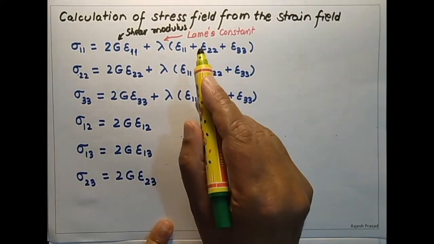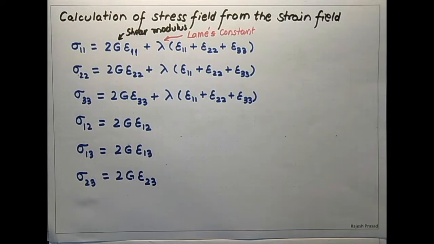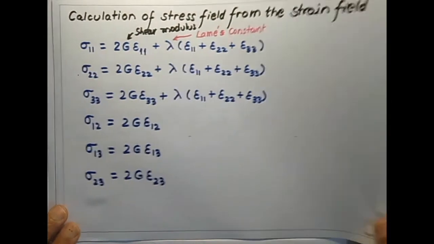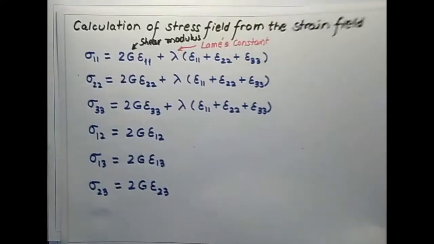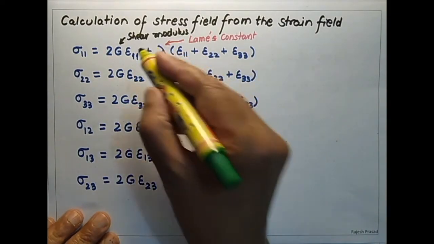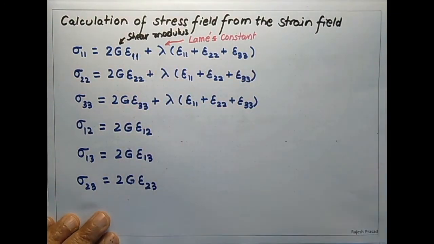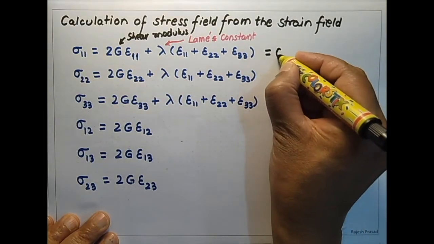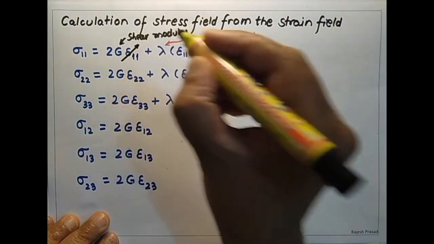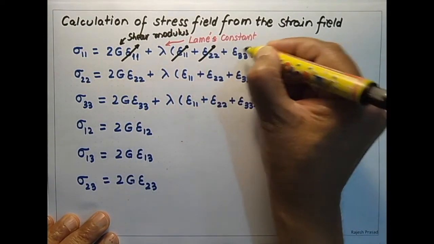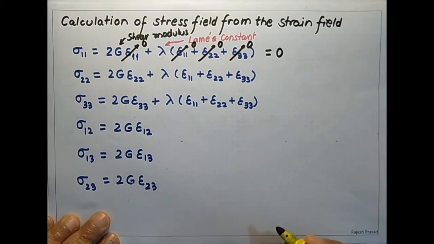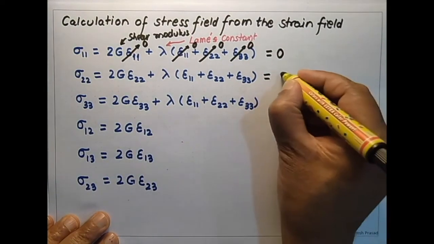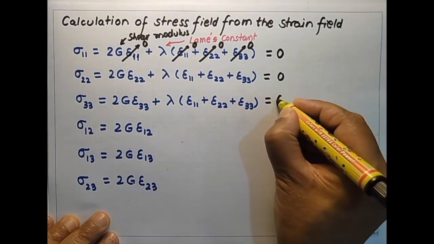We have seen that all the principal strain components 1 1, 2 2 and 3 3, all three are 0. So if we substitute them here, we will straight away get these stress components also equal to 0. Similarly, sigma 2 2 will be 0 and sigma 3 3 will be 0.